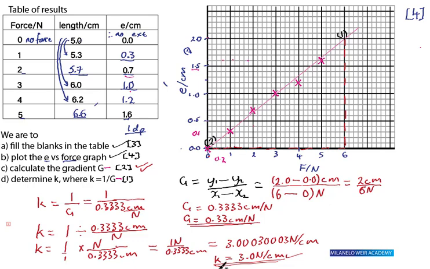So another thing which is just a hint, guys, just a hint, right? If you have G is equal to 2 centimeter per Newton, and you are asked to calculate K, where K is equal to 1 over G, you just have to say 1 over 2, then you get what? 0.5.